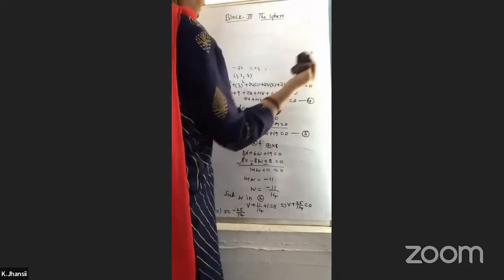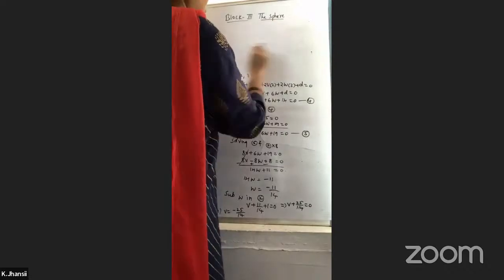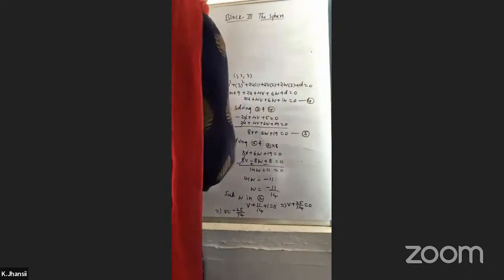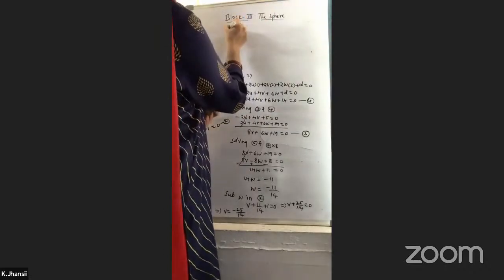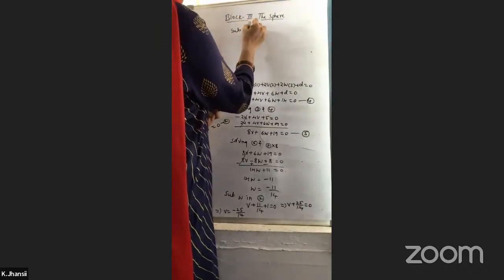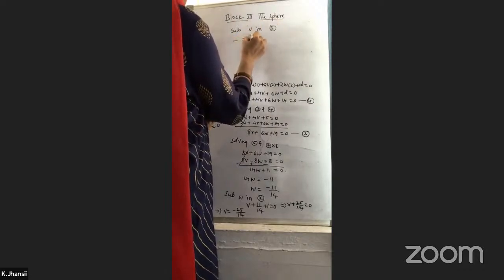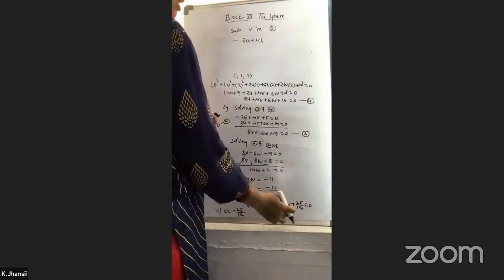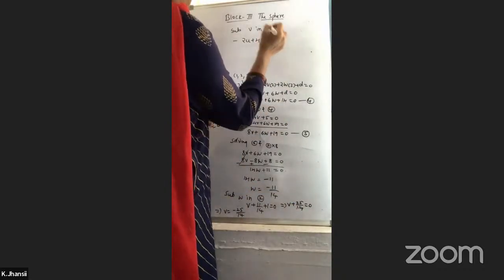Now, this was the equation. Now, what is that equation? Third equation. Third equation is minus 2u plus 4v plus 5. Substitute v in 3. So 3 is minus 2u plus 4v. What is v? v is minus 25 by 14. Okay.